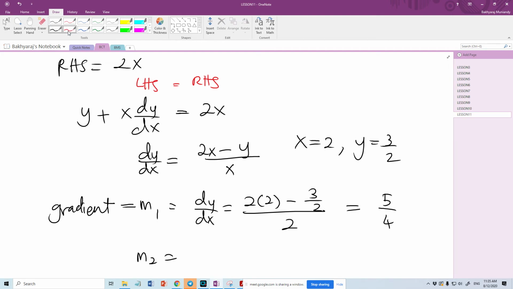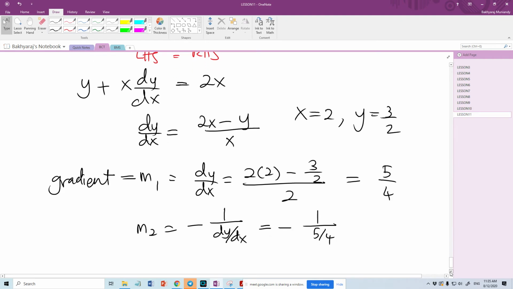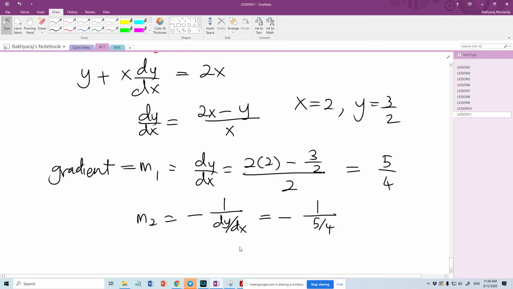So the formula is what? Negative 1 over dy dx. So meaning that negative 1 over 5 over 4. Yeah, correct. So finally you'll get negative 4 over 5.